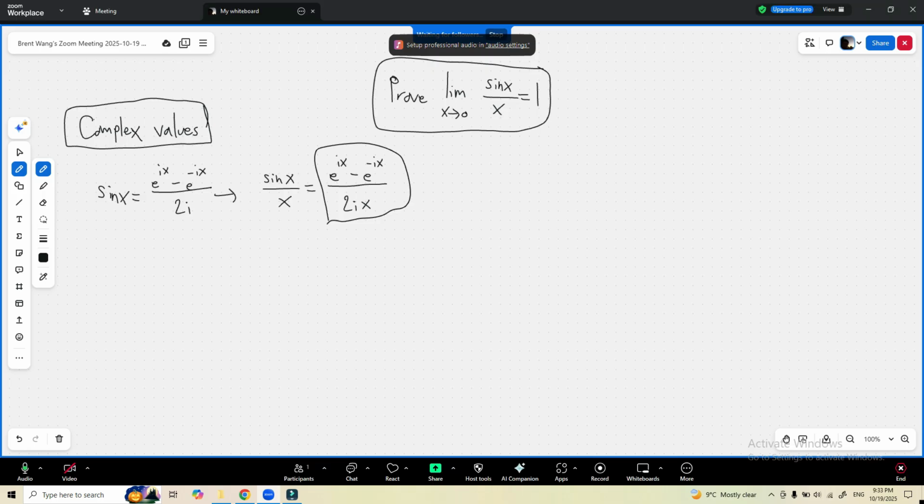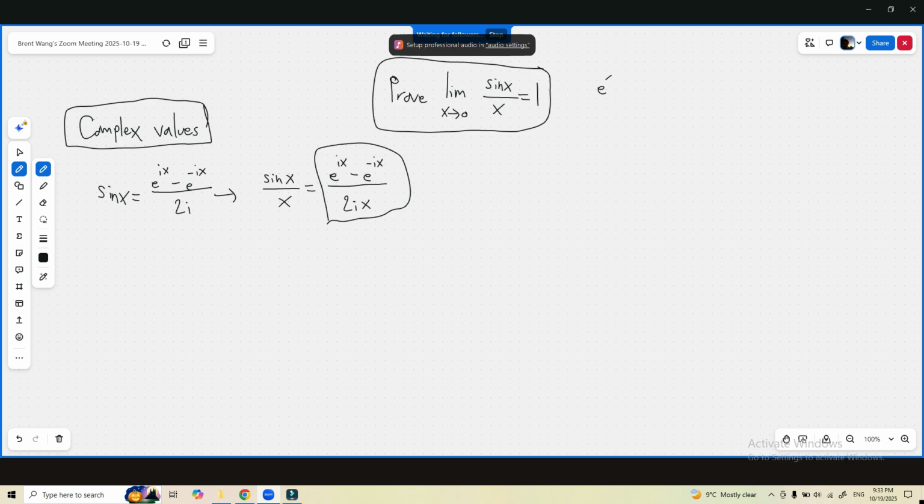Now, the Maclaurin function for e to the power of x is e to the power of x equal to the sum from n equals 0 to infinity of x to the power of n over n factorial. I'm not going to show you how I got this, but this is true.